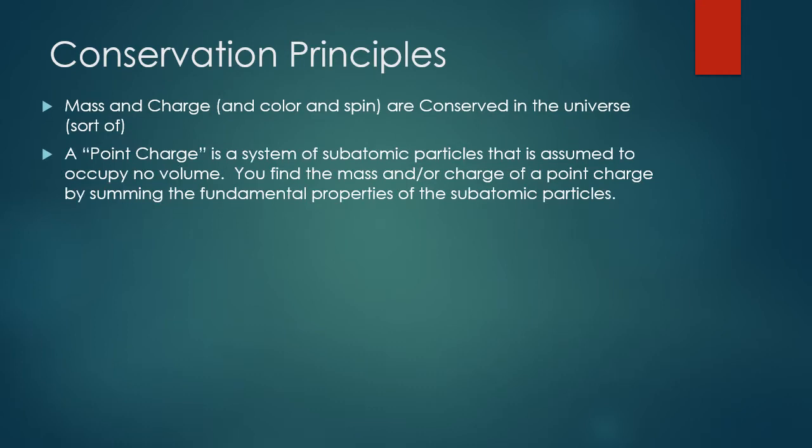You'll hear the word point charge a lot in this unit, and a point charge is a system of subatomic particles, so protons, electrons, and maybe neutrons if you want. And we assume that for the purposes of this class, it doesn't take up any space. It's tiny. You can always find the net mass or the total charge of a point charge by just adding up the fundamental properties, masses and charges, of the subatomic particles that are part of it.